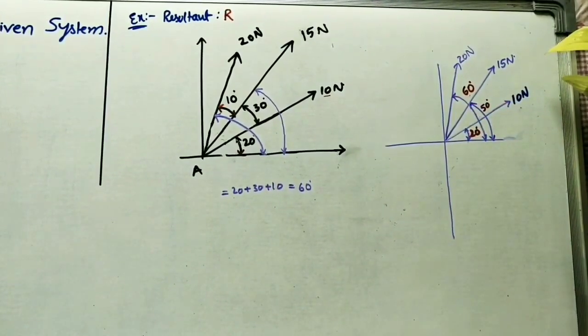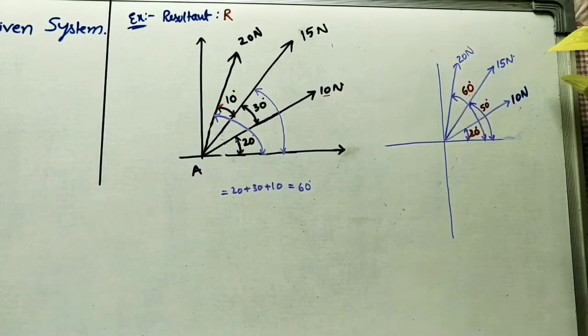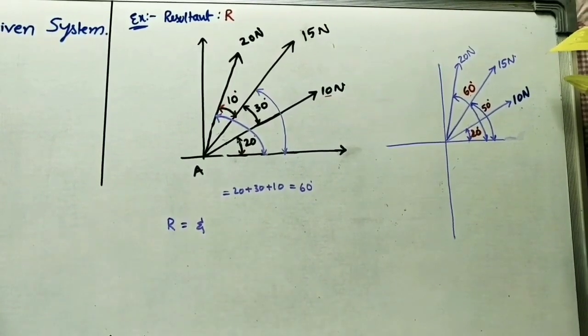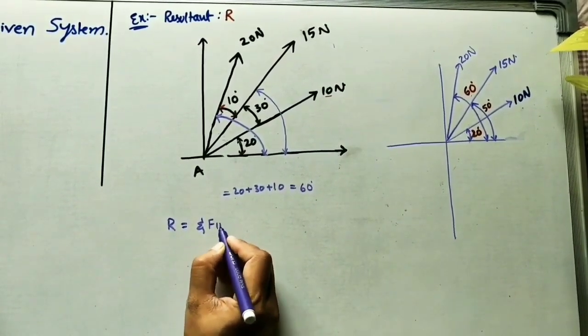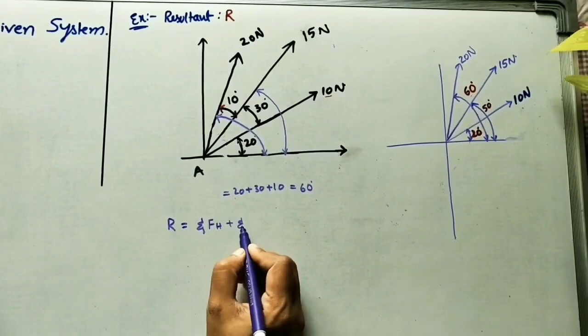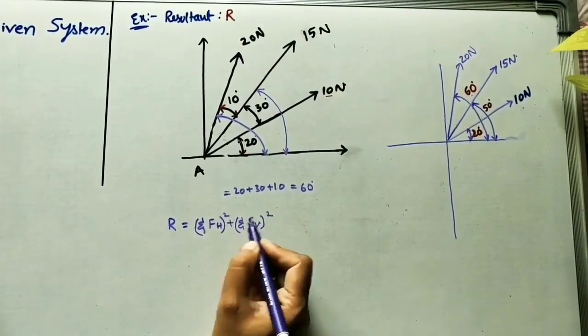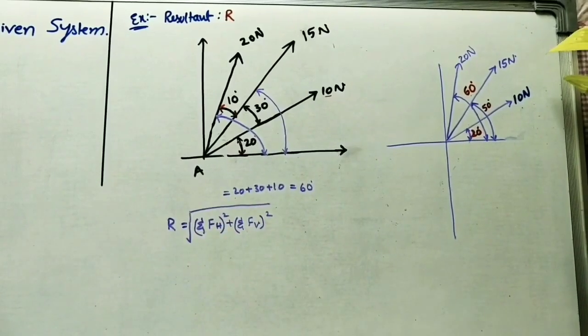Now here we have to find the resultant. For finding the resultant, we have to take horizontal components and vertical components, square terms with root. Got it? Why?